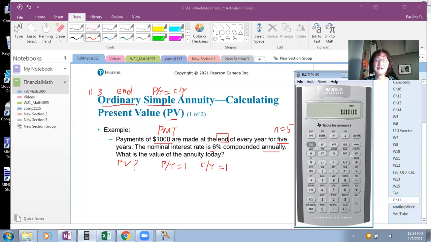So we need to see end mode. How do you see the end? You need to get rid of this begin. How do you do that? Click second, begin, second, set, second, quit. See, you get rid of the begin. You have nothing, which means that is the end.